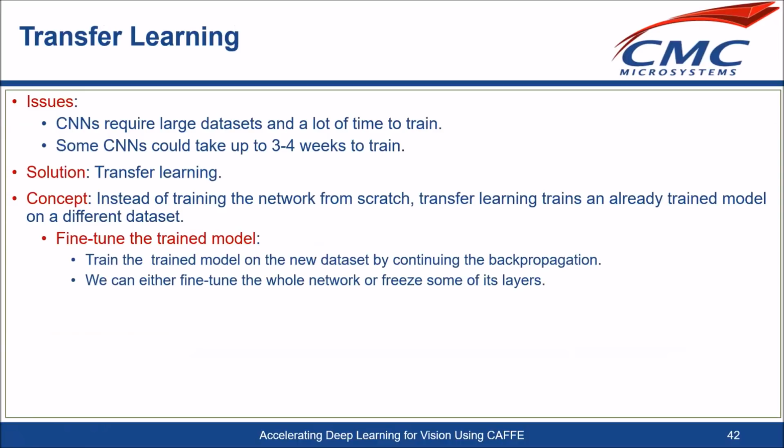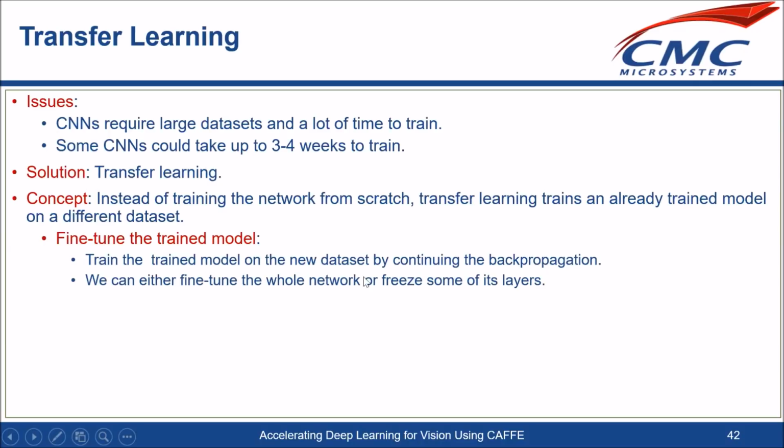The reason we obtained very modest results is that CNNs require large data sets and a lot of time to train, and some CNNs could take up to 4 weeks. So the solution is transfer learning, which consists of, instead of training a network from scratch as we did, taking an already trained model on a different data set. This is called fine-tuning the trained model.